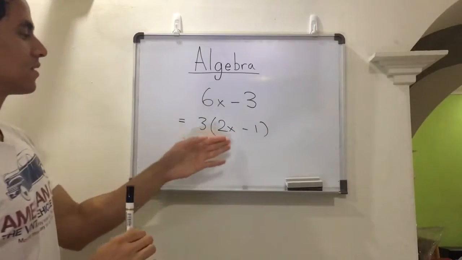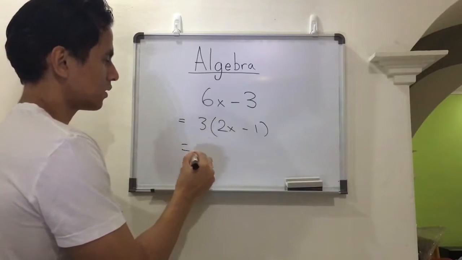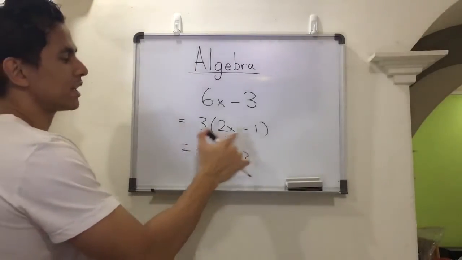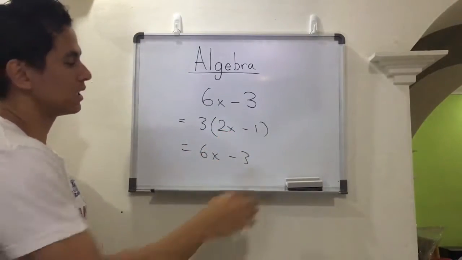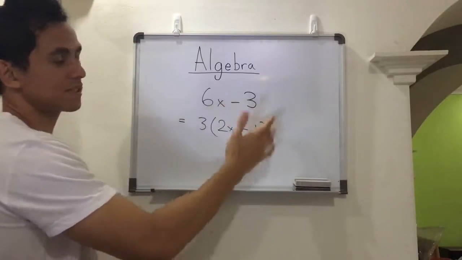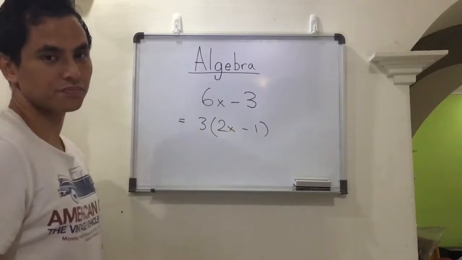Why is this the factors of this? Because if we were to expand it again, we'll get 6x minus 3, because 3 times 2x and 3 times minus 1 gives us 6x minus 3. So we have factorized this question 6x minus 3 simply by observing that 3 can be put out.